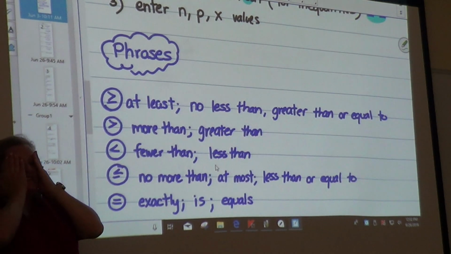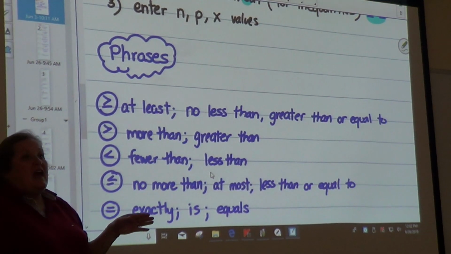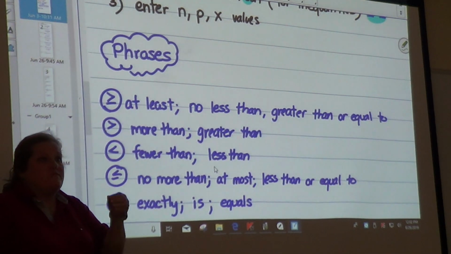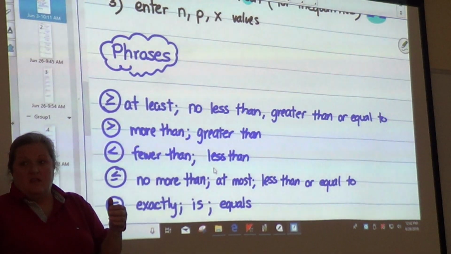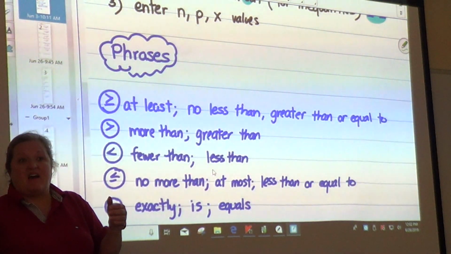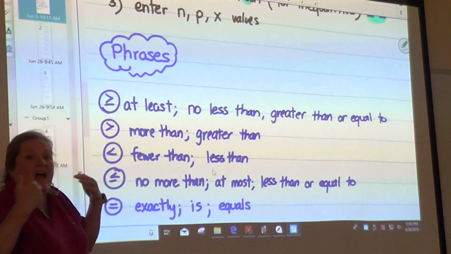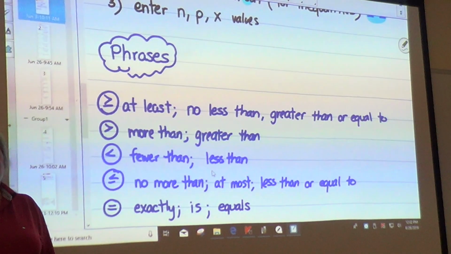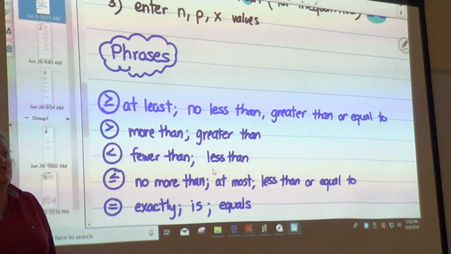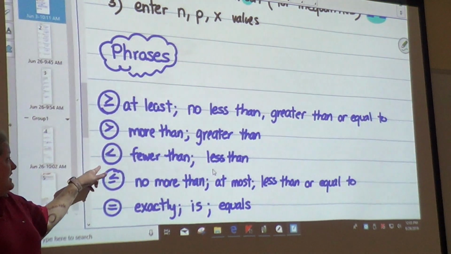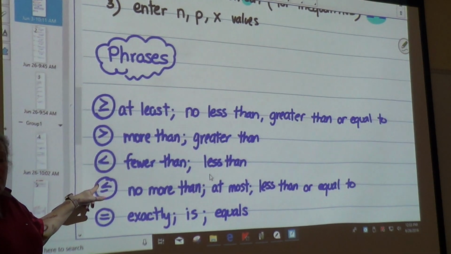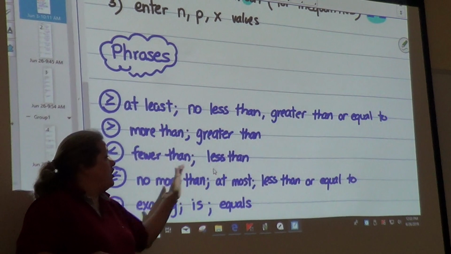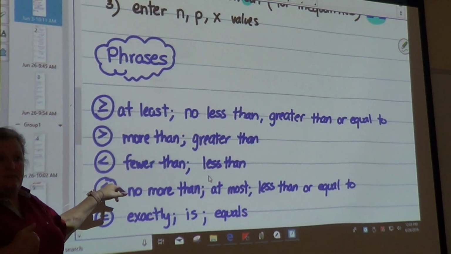And I always have to say, if I have at most $5 in my pocket, what does that mean? I've got $5 or less. So I have to put it in my mind as I have at most $5, so that means I can have $5 or less. So that's a less than or equal to. But these are all terms that mean that symbol.